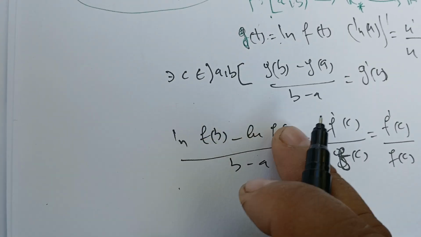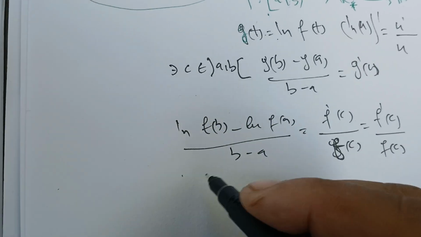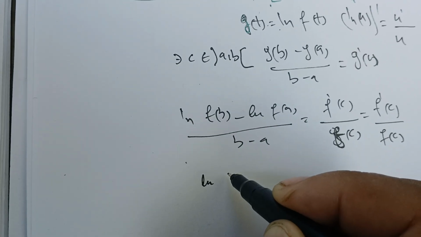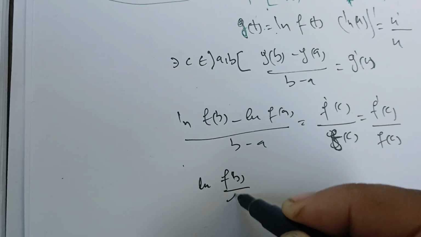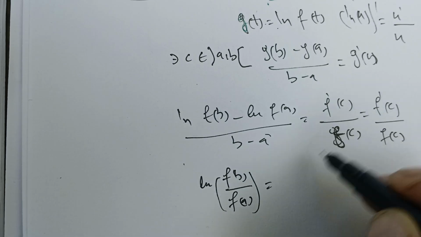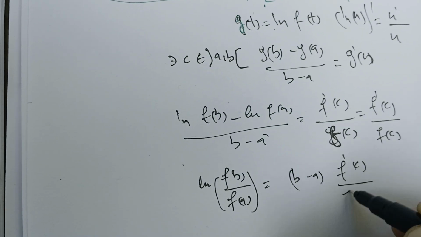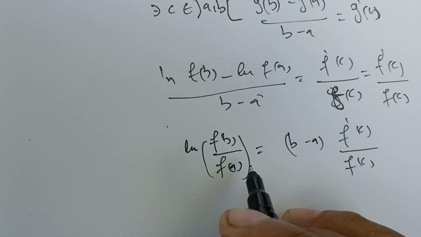Using the laws of the log, we have the natural log of f(b) over f(a), and we can multiply b − a into this one: (b − a) times f'(c) over f(c).